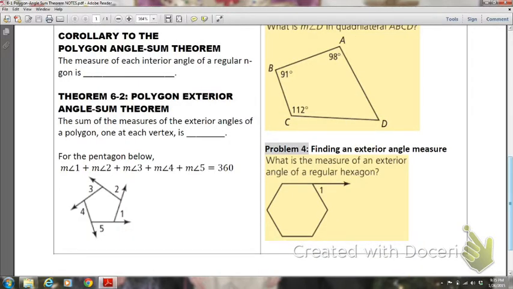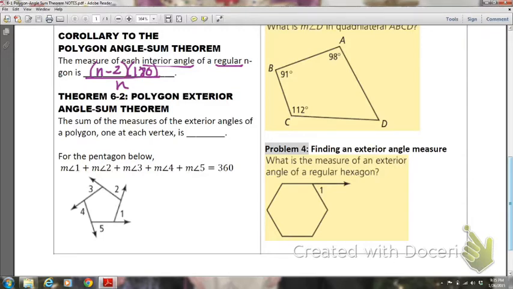There's a corollary to the polygon angle sum theorem that says that the measure of each interior angle of a regular n-gon is going to be the sum of the measures of the interior angles, which is n minus 2 times 180, and then divide that by n, which is the number of sides, and which is also the number of angles.